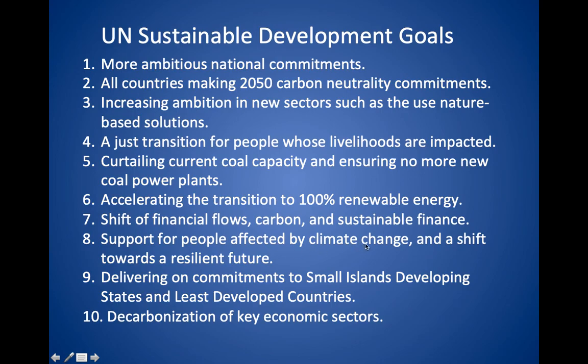Eight, support for people affected by climate change, and a shift towards a resilient future. Nine is delivering on commitments to small islands, developing states, and least developed countries. So as sea level rises, obviously the first places that are affected are the small islands in the oceans. And then finally, decarbonization of key economic sectors. Okay, so those are the United Nations goals.